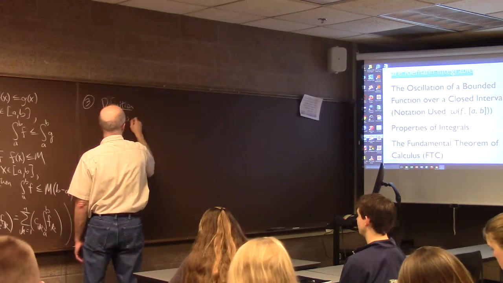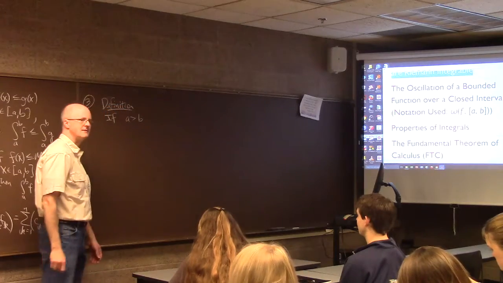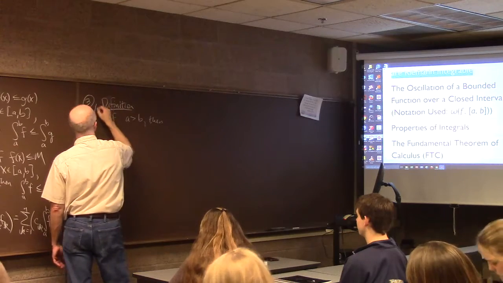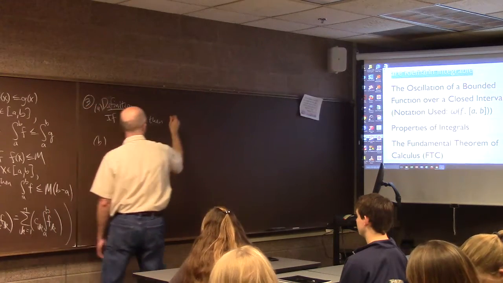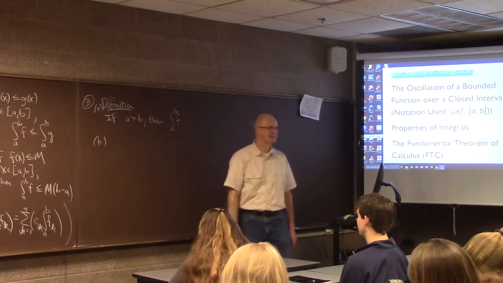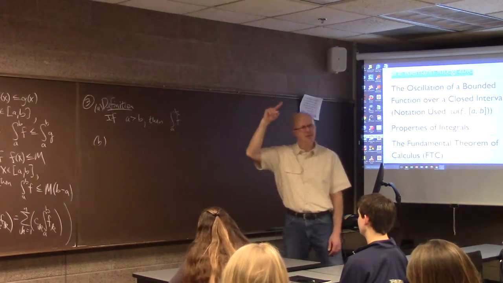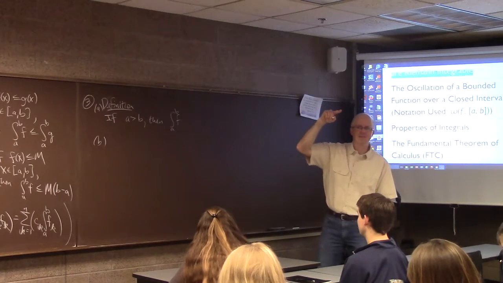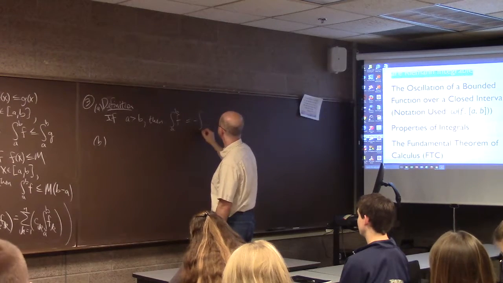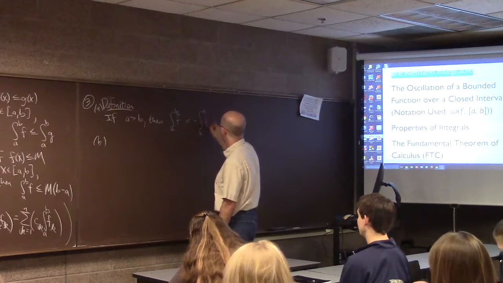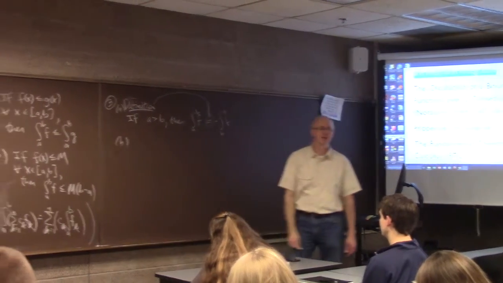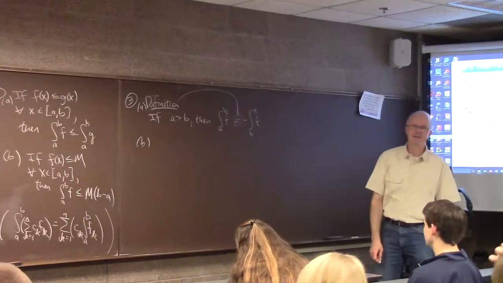If a happens to be bigger than b, then the integral from a to b, well, this lower limit is bigger than the upper limit, by definition, is the opposite of the integral from b to a. It's a definition there. It's not something we prove. We define that to be the case.